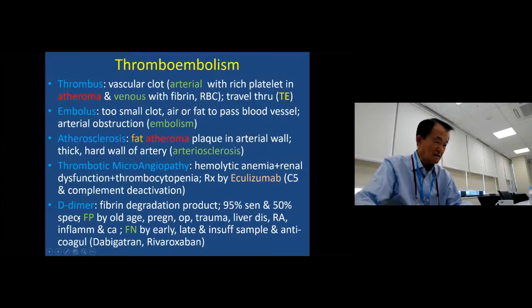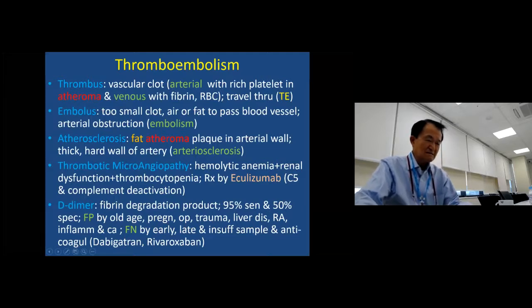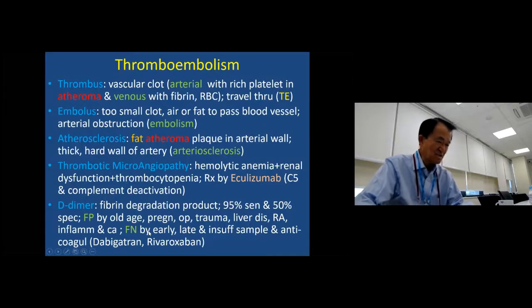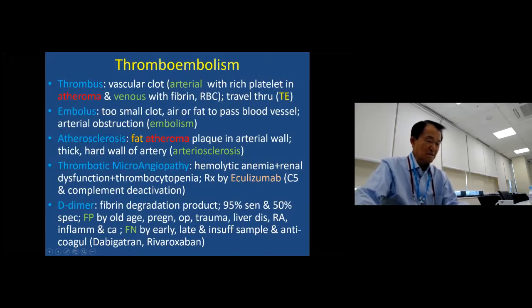So there are lots of false positives from old age, pregnancy, operation, trauma, liver diseases, rheumatoid arthritis, inflammation, and cancer. False negatives come from sampling that is too early or very late or insufficient, or certainly anticoagulation therapy.